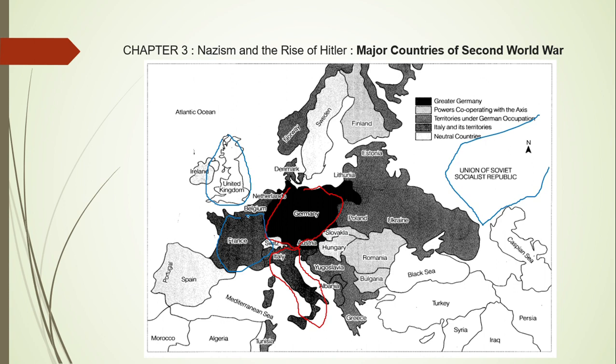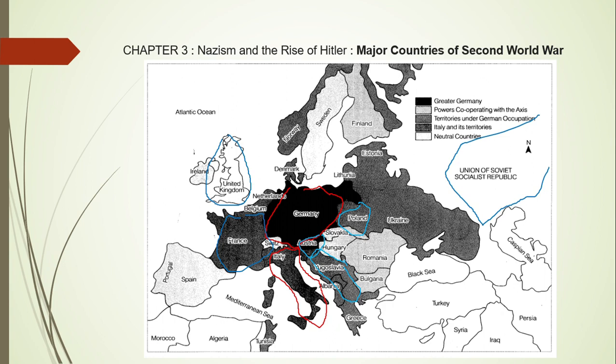Then some of the other territories are there that we must know about. They are Austria here, then Poland here, then Czechoslovakia here, this is Yugoslavia and so on. A new country was carved out, known as Czechoslovakia.